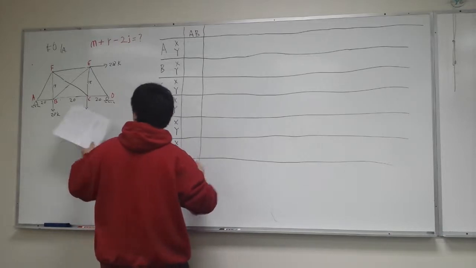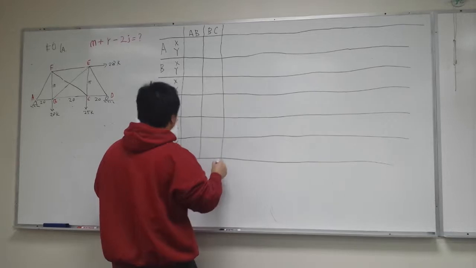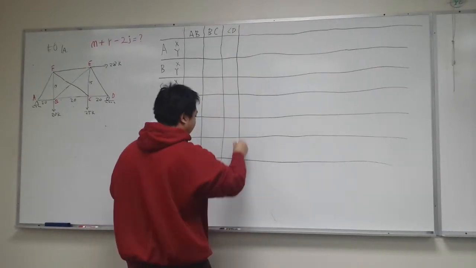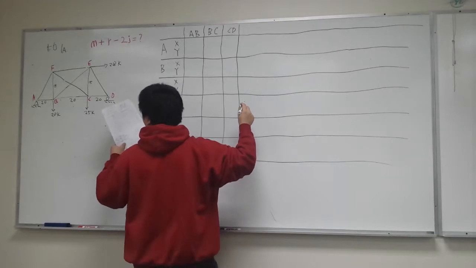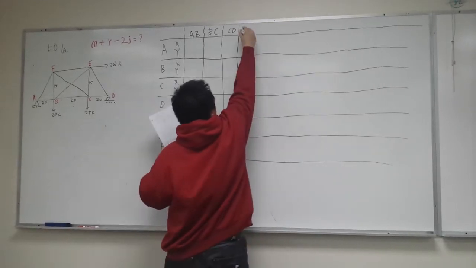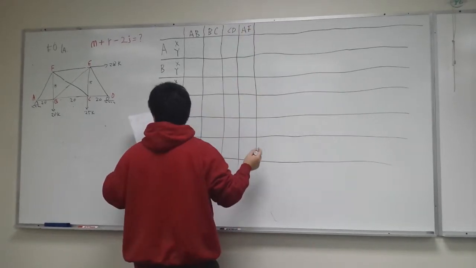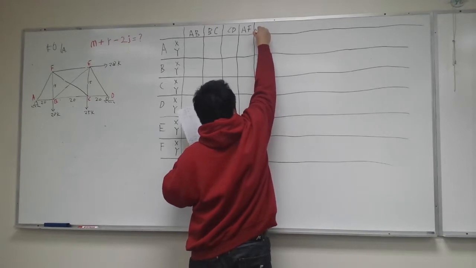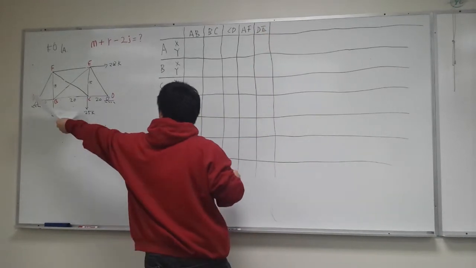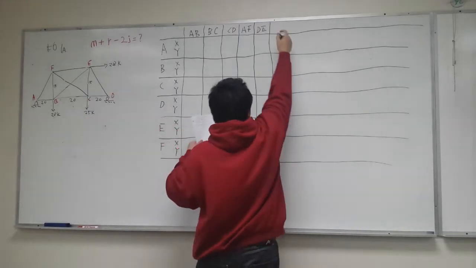You're going to have BC. You're going to have CD. And we're going to have, let me see what's the next one, AF, DE, and EF.